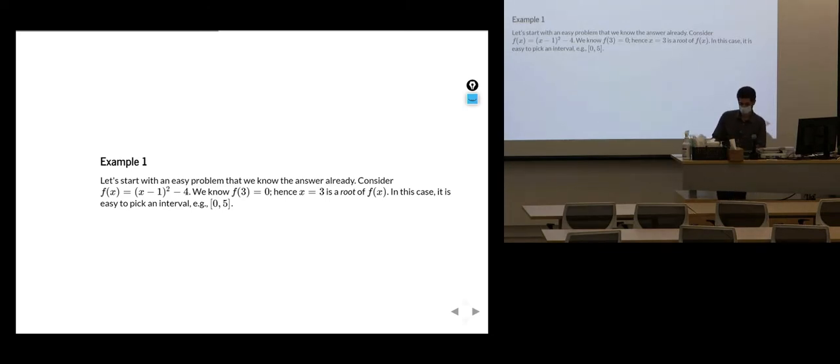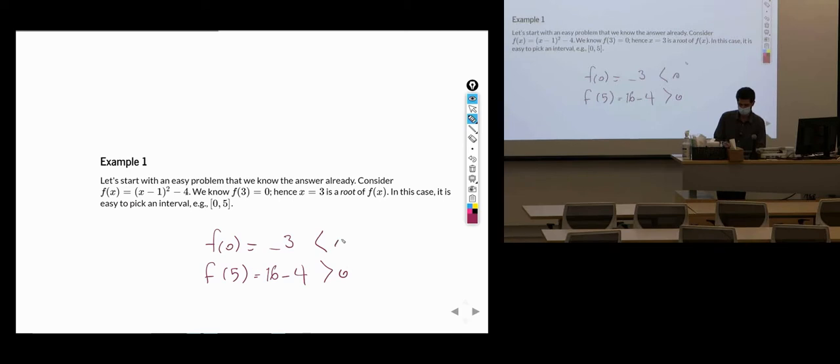Or you can just try. We already know that, let's say, f of 0 is minus 3, right? F of 5 is 16 minus 4. It's positive, it's negative. So that's good enough.